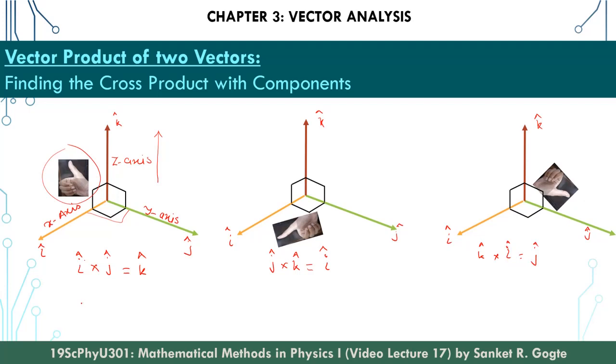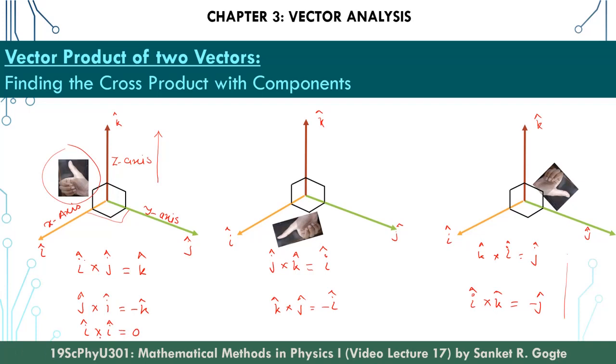On the other hand, if we consider the cross product j cross i, it will be equal to minus k. k cross j will be minus i, and i cross k is minus j. On the other hand, if we consider the cross product between the two same vectors, it will always be equal to 0.